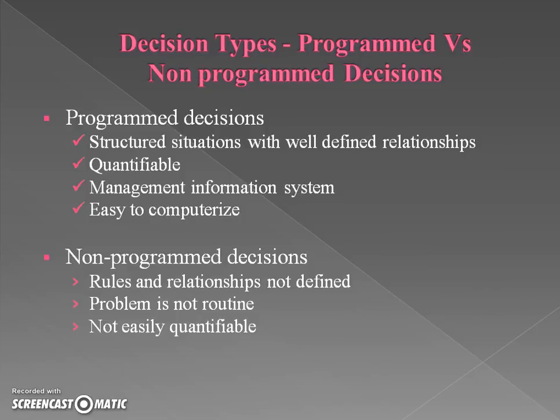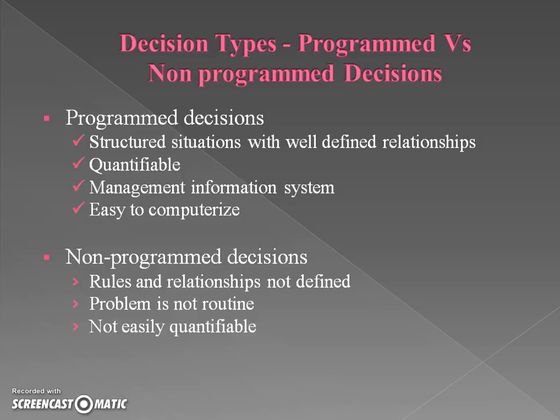Now, decision types are defined basically as programmed versus non-programmed decisions. Programmed decisions are further subdivided into various different categories. That is, structured situations with a well-defined relationship. They are quantifiable.